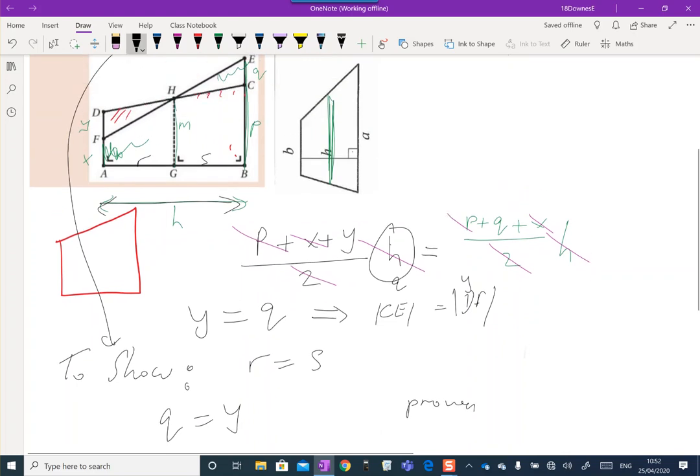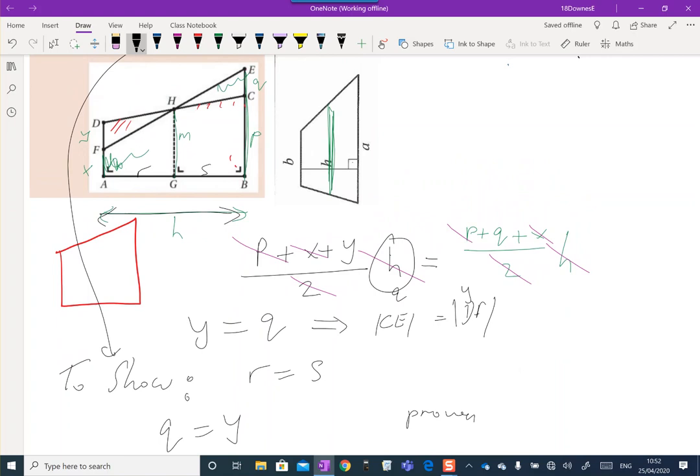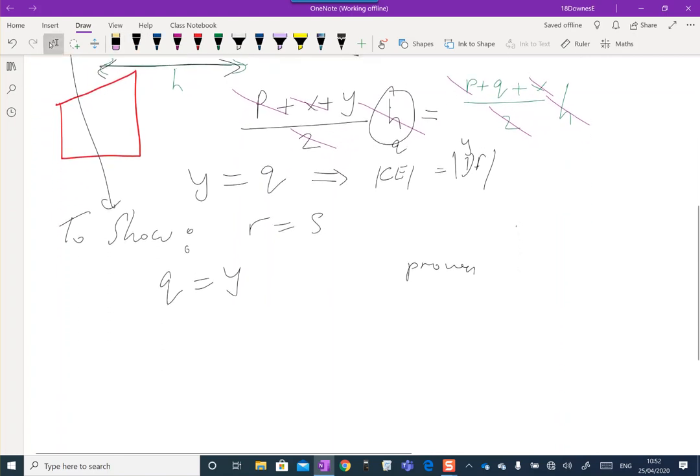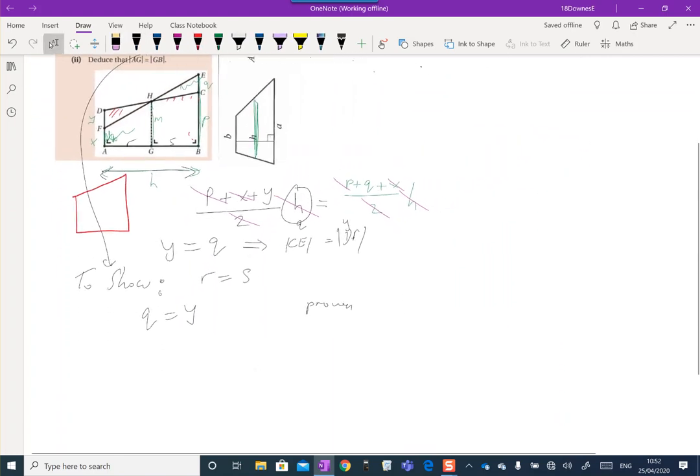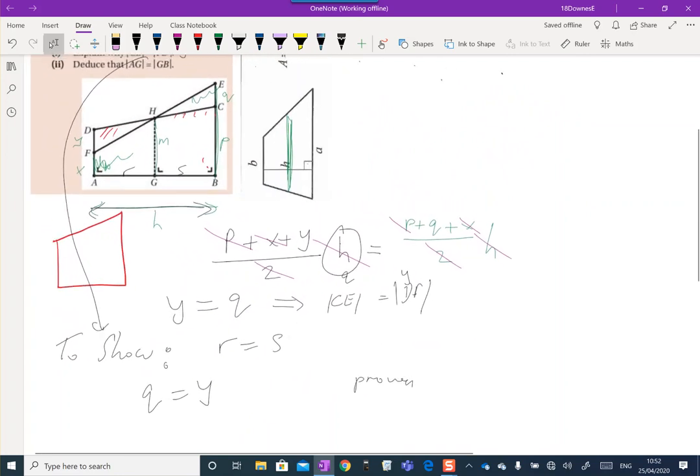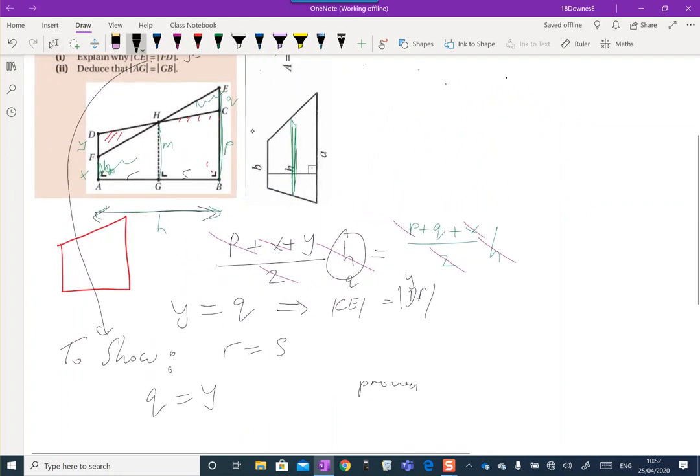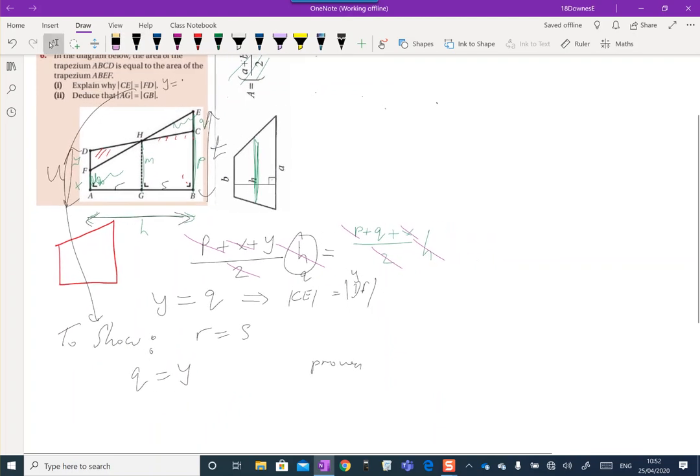So because Q equals Y, now we can come in and rename things. Q or S, T and U. So T will be the base on the right and U will be the base on the left.